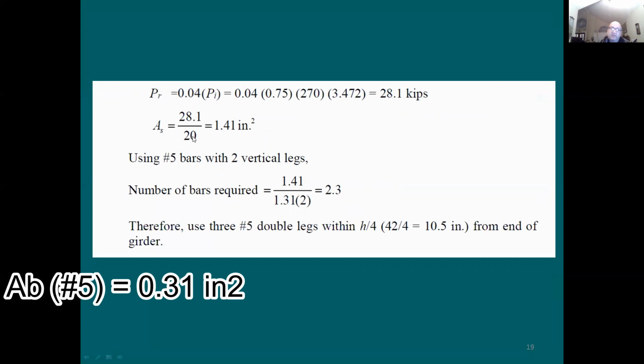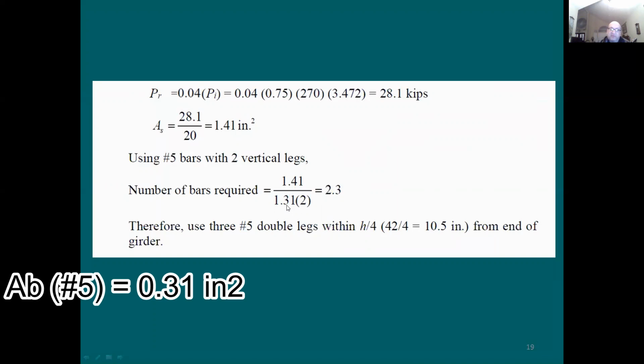So each one of the stirrups is going to have a cross-section area of 2 times 0.31 square inches. With that, you're going to have 0.62 square inches. Now take the 1.41 divided by 0.62 square inches. With that, you're going to end up with 2.3.